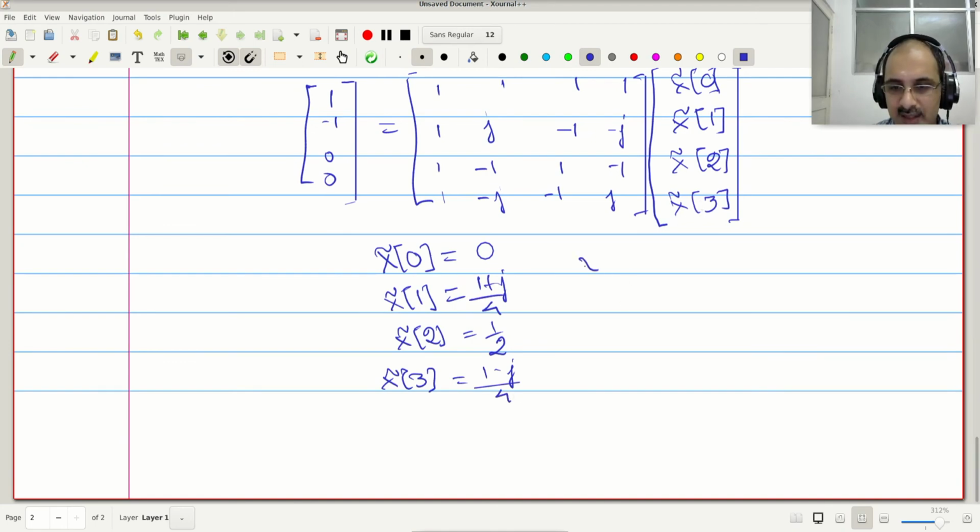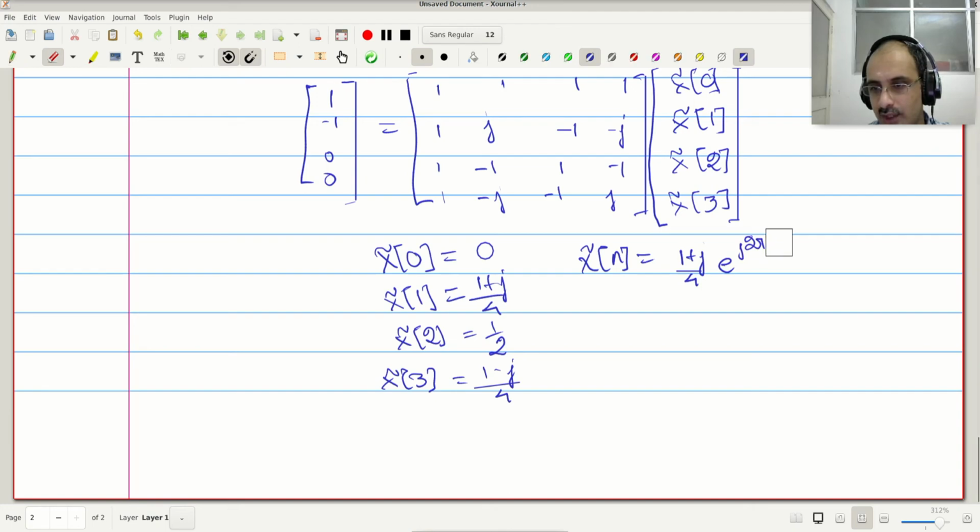That means my x tilde n should be 0 for the constant term, x tilde 1 multiplies e power j 2 pi n by 4, plus 1 minus j by 4 into e power minus j 2 pi n by 4.